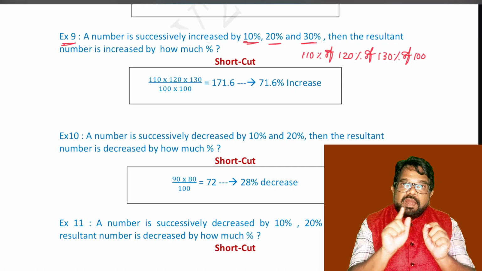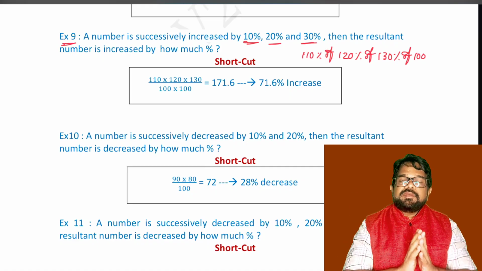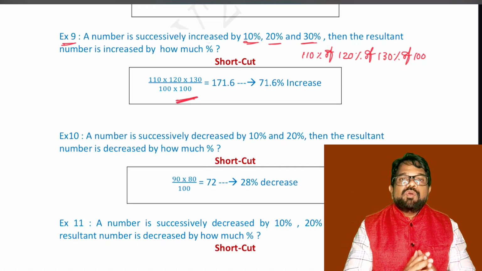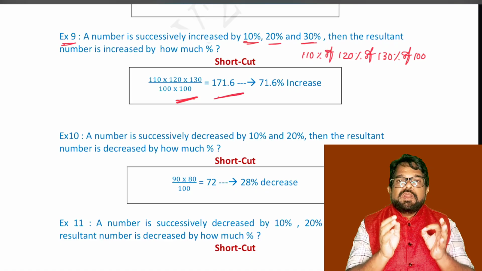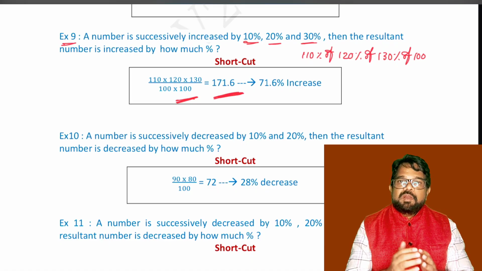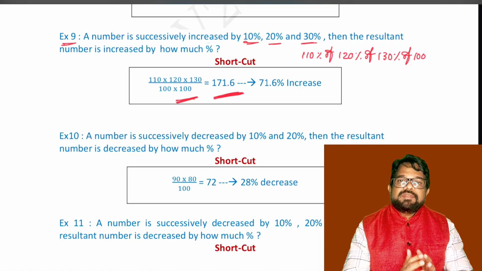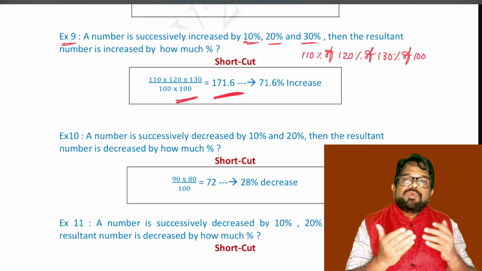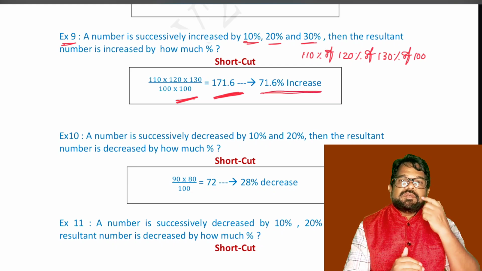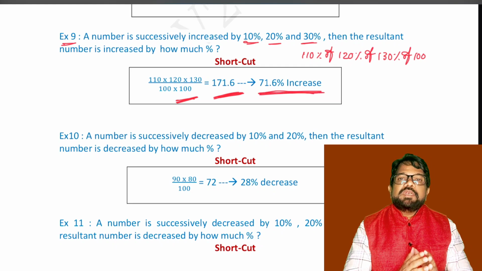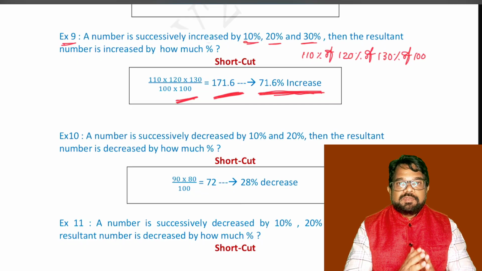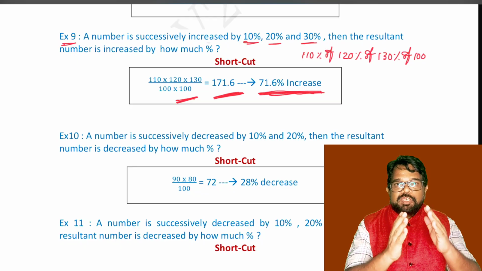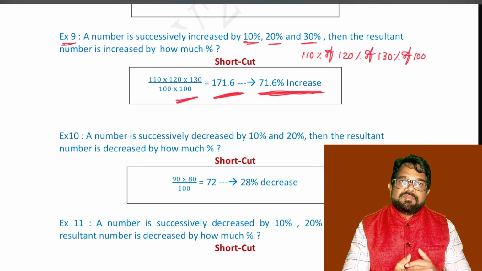In the denominator only 100 into 100. 100 gets cancelled. The resultant value, how much you got? 171.6. Observe the screen. 171.6 it is. So how much more when compared with 100? 71.6. So it is increased by 71.6%. These two examples are successive increase.